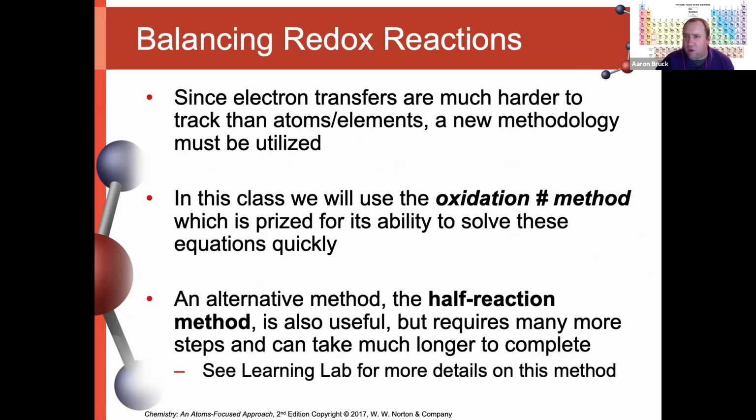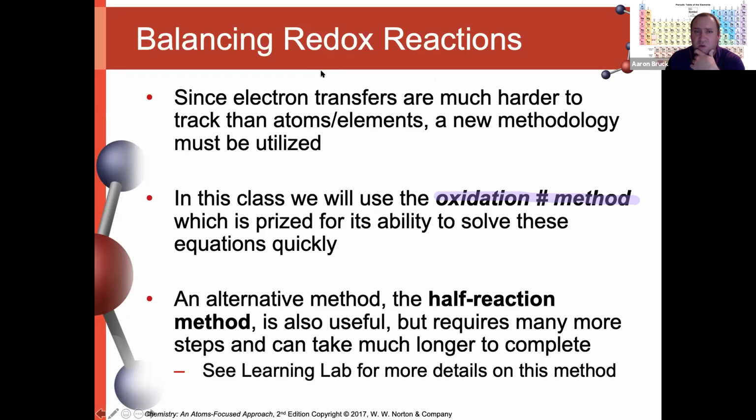Then let's continue on with the idea of redox reactions and balancing those reactions. Now, as I said in our introduction today, our primary focus is going to be using something called the oxidation number method. The oxidation number method is my preferred way of balancing these equations because so long as we don't have to break them apart into half reactions, this will balance the equations far more quickly, far more easily than anything else will.